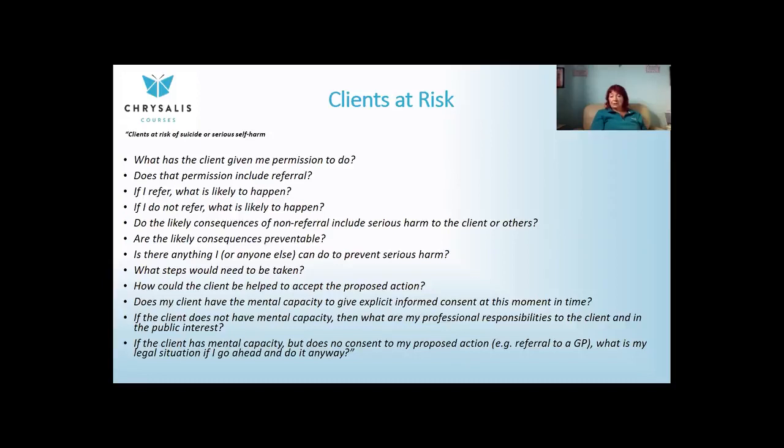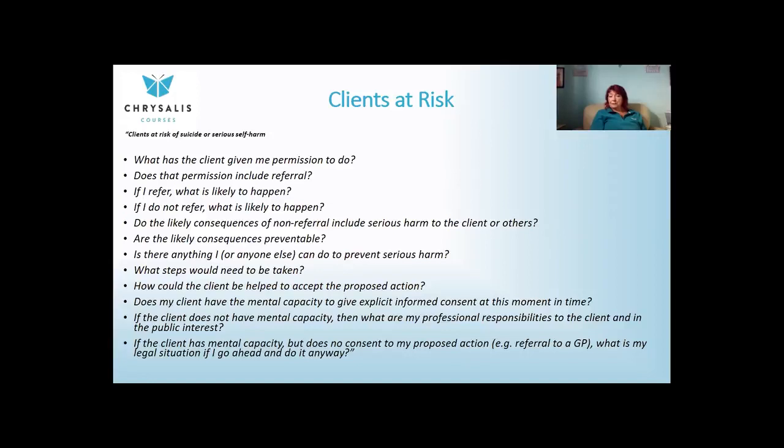Do the likely consequences of non-referral include serious harm to the client or others? Are these likely consequences preventable? Is there anything I or anyone else can do to prevent serious harm? What steps would need to be taken? How could the client be helped to accept the proposed action?